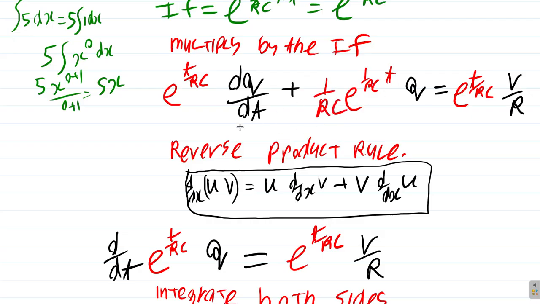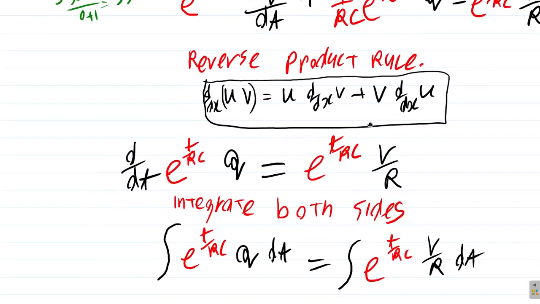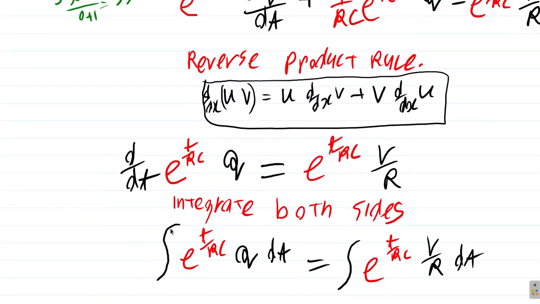Alright, so this is what you get. So what you're integrating here is the derivative with respect to t of e to the t over rc times q. You see that?